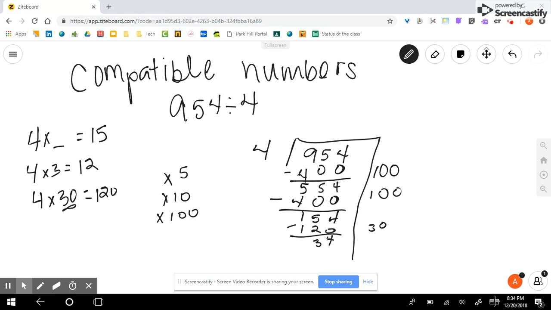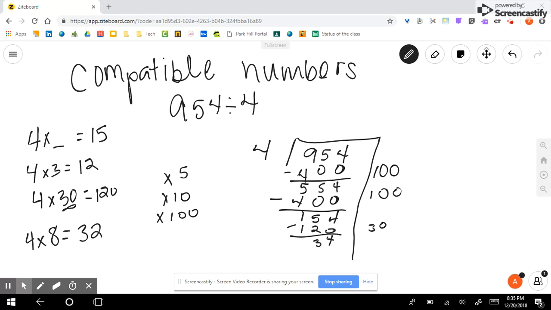So I'm going to go back over to my ideas over here. And I know 4 times 5 is 20. 4 times 10 is 40. Well, I can't go to 40. That's too big. So 4 times 5 gets me 20. That's pretty close, but can I get closer? Well, I know 4 times 8 equals 32. Again, if you don't know that off the top of your head, just use 4 times 5 equals 20.